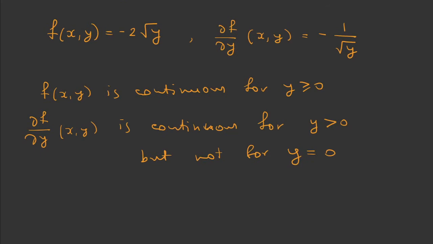If we are solving the initial value problem y prime equals negative 2 square root of y, and the initial condition is such that the corresponding point (a, b) is not on the x-axis, in other words, if b is greater than 0, then the existence and uniqueness theorem is applicable, and it guarantees that this initial value problem will have a unique solution.